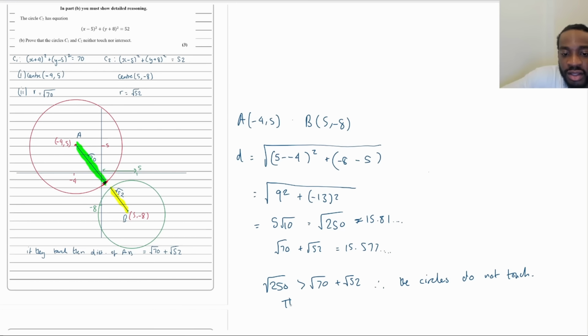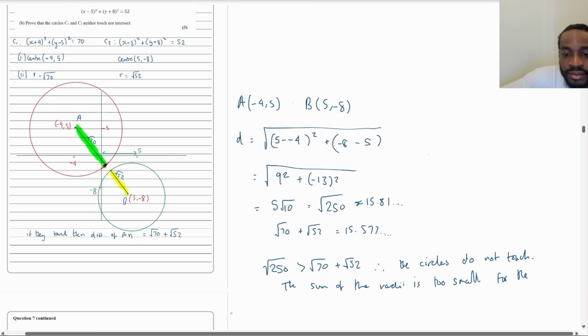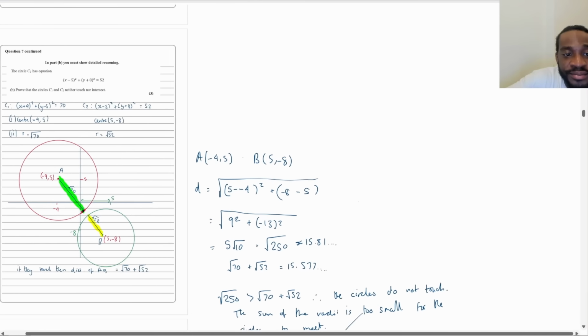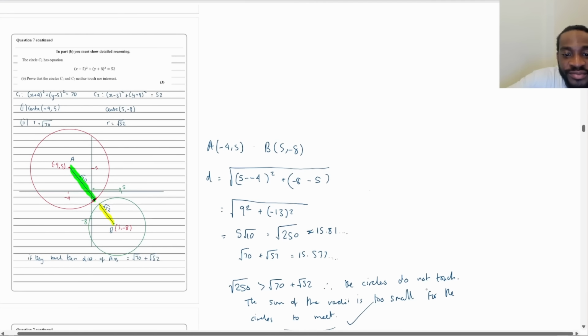The sum of the radii is too small for the circles to meet. And that's it. That will give you the 3 marks.